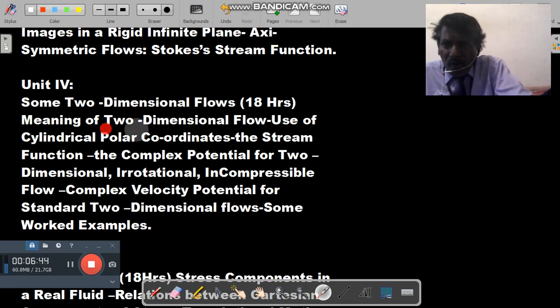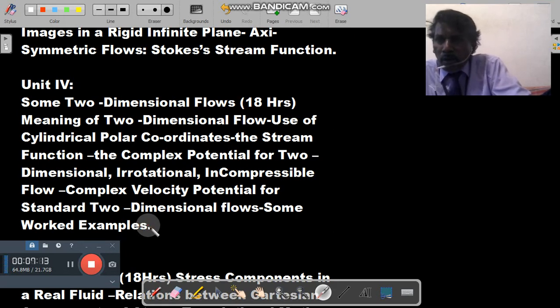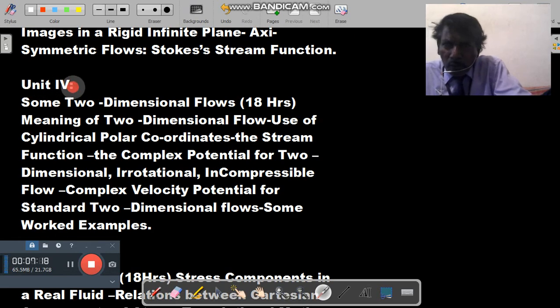Meaning of two-dimensional flows, use of cylindrical polar coordinates, the stream function, the complex potential for two-dimensional, irrotational, incompressible flow, complex velocity potential for standard two-dimensional flows, and some worked examples. So these are what we are going to see under unit number 4.